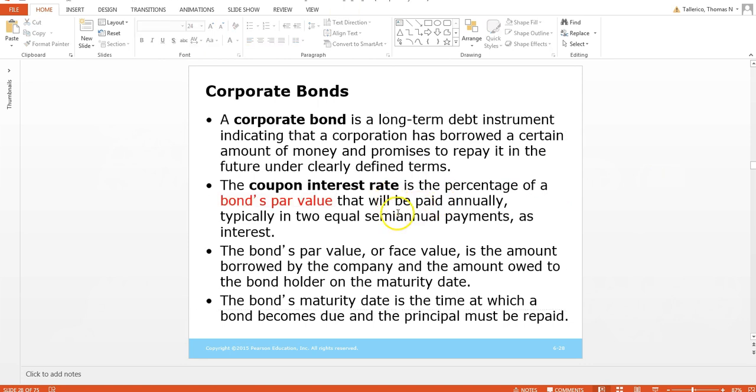And you'll get a coupon interest on that $1,000 every 6 months. Semi-annual is every 6 months. So remember, par value or face value is normally $1,000.